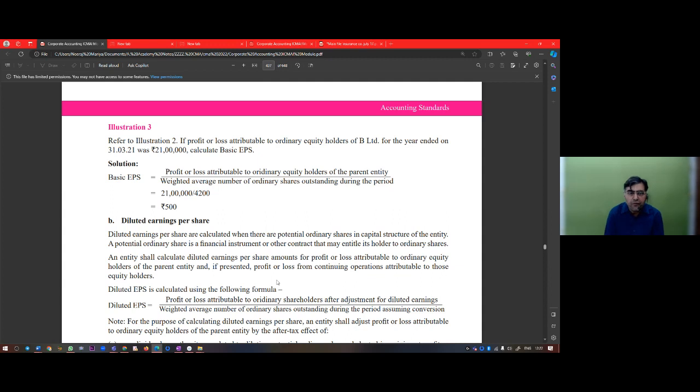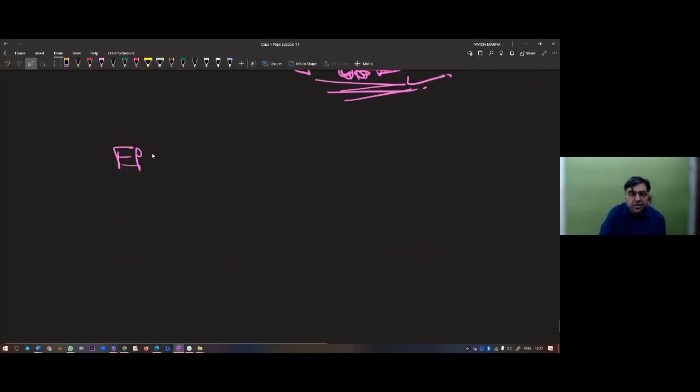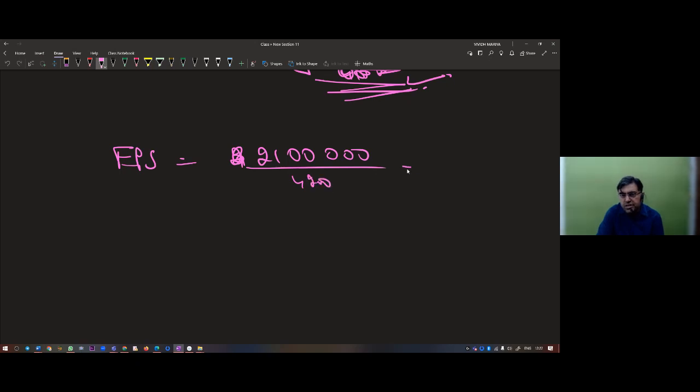If the profit is 21 lakhs, then earning per share will be 21 lakhs divided by 4,200, the weighted average number of shares, 500 rupees.